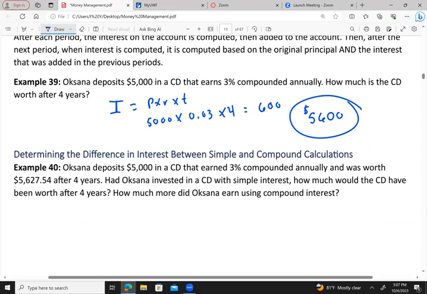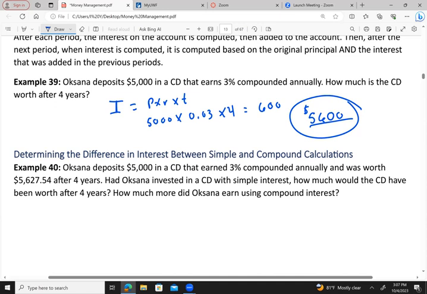Now, Oksana deposits $5,000 in a CD that earned 3% compounded annually and was worth $5,627.54 after 4 years. Had Oksana invested in the CD with simple interest, how much would the CD have been worth after 4 years? Well, we calculated that as $5,600.